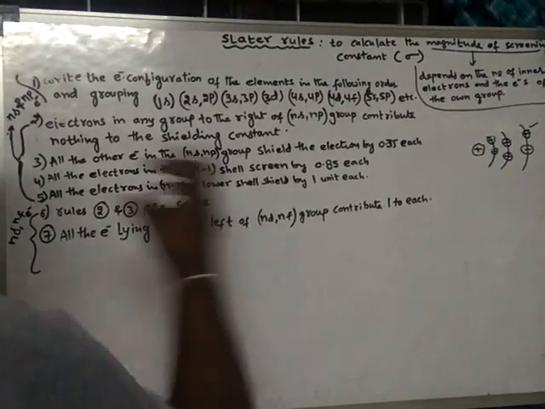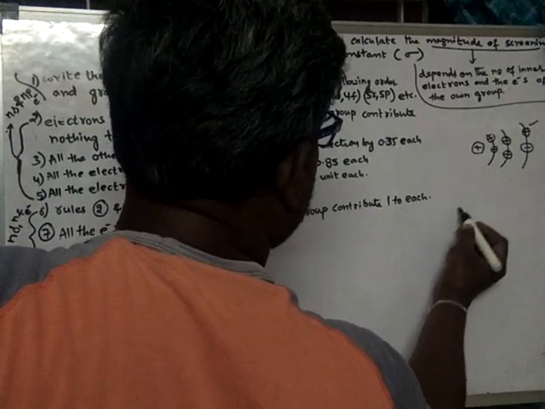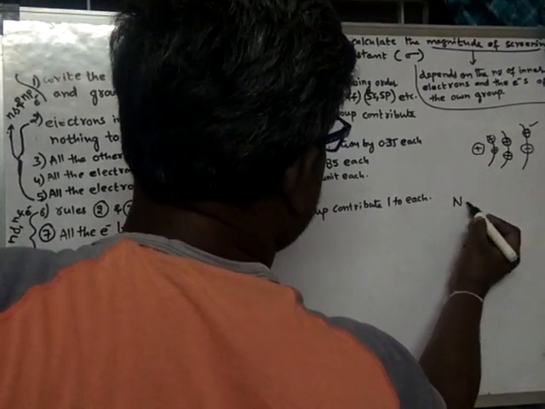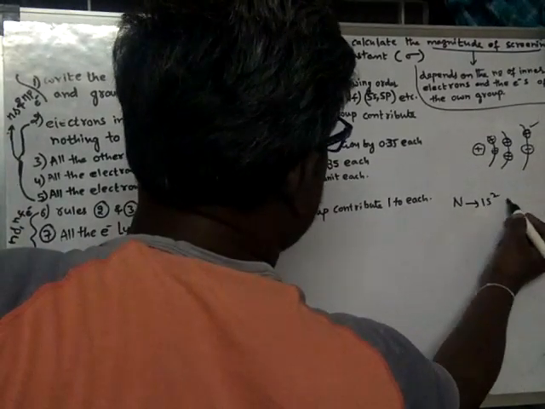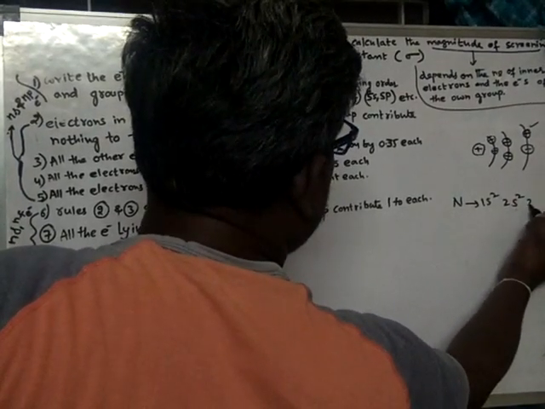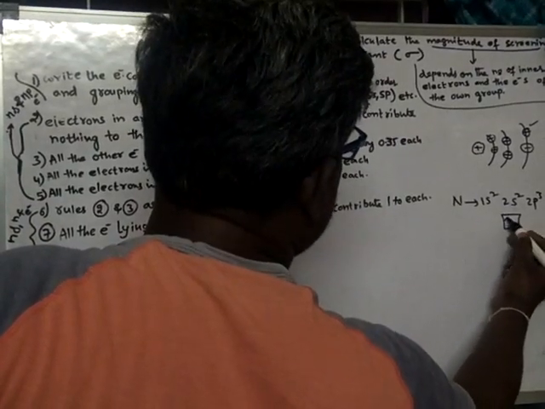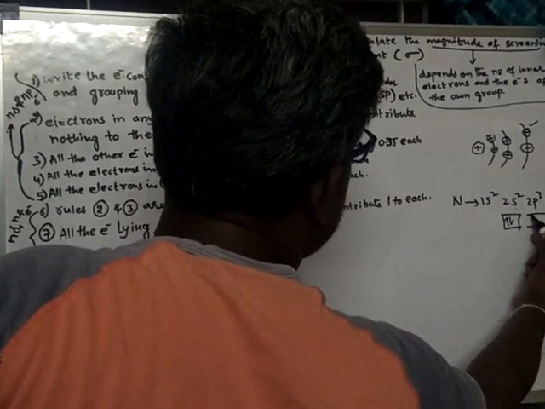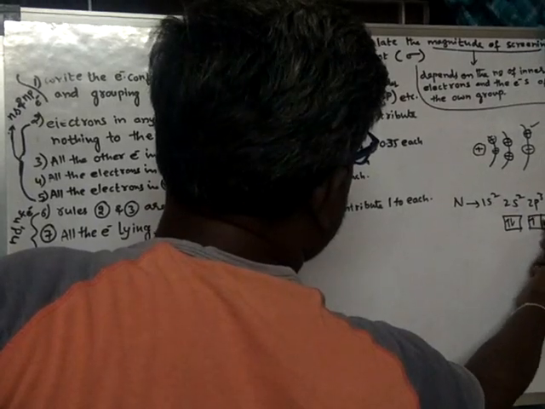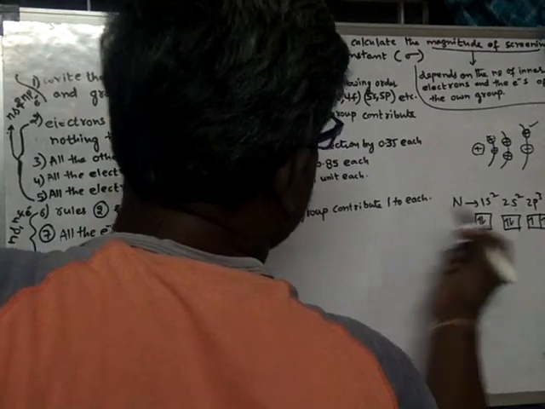For example, consider the nitrogen atom. Its configuration is 1s2, 2s2, 2p3. These are the 5 outer electrons and this is the inner shell electron.